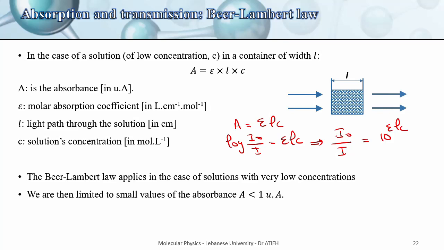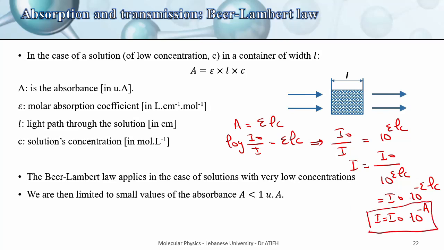So we can write I in terms of I0, so it will be like this: I equals I0 over 10 to the epsilon LC, or it can be written as I0 times 10 to the minus epsilon LC, or we can write it like this: I0 times 10 to the minus A. So this is Beer's relation that relates the transmitted intensity to the incident intensity in terms of the absorbance. So it's clear.